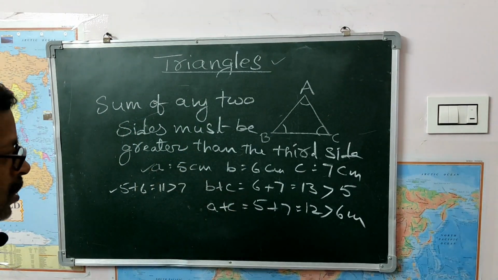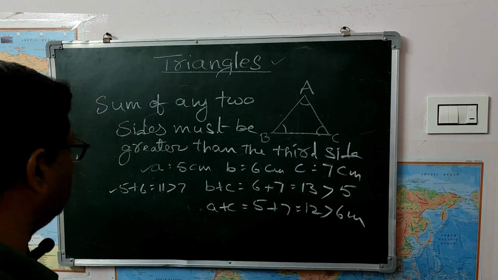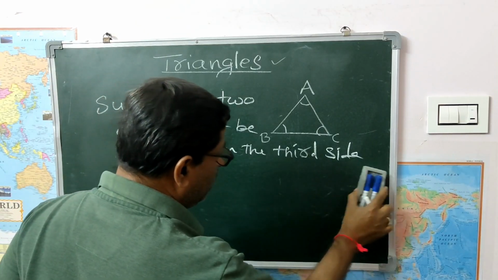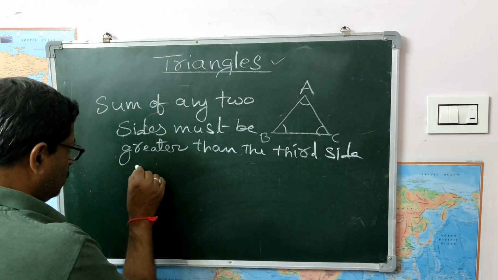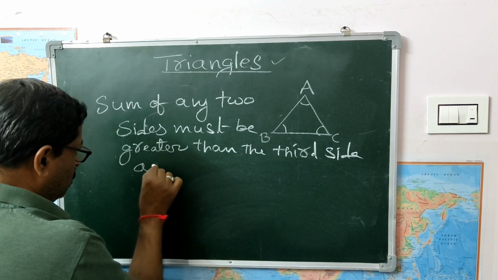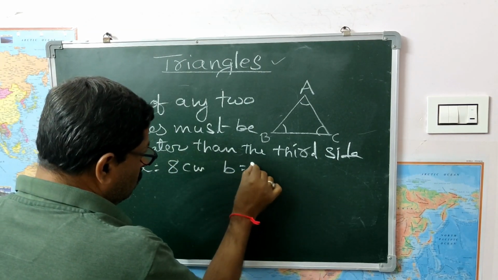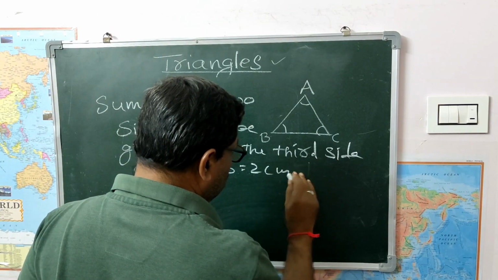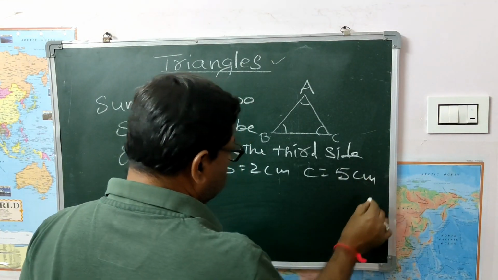This is what you need to understand. Let us take some negative example to understand this rule better. For example, A is equal to 8 centimeters, B is equal to 2 centimeters, and C is equal to 5 centimeters.